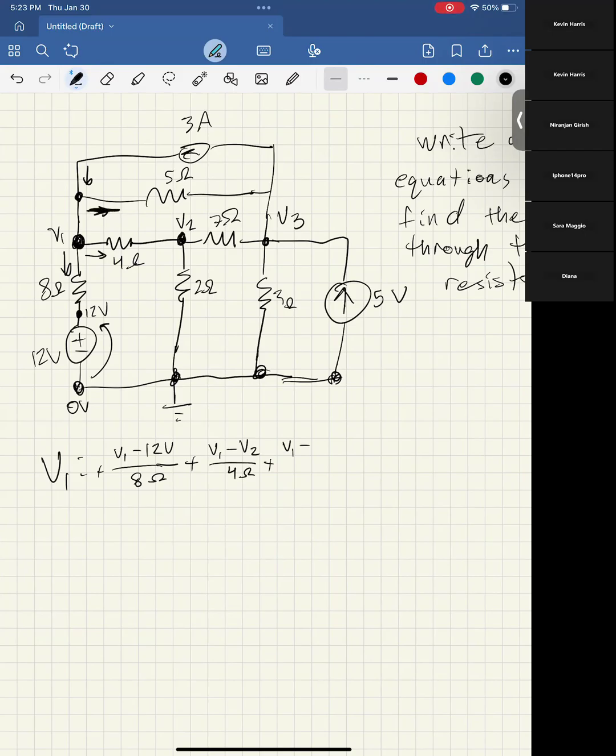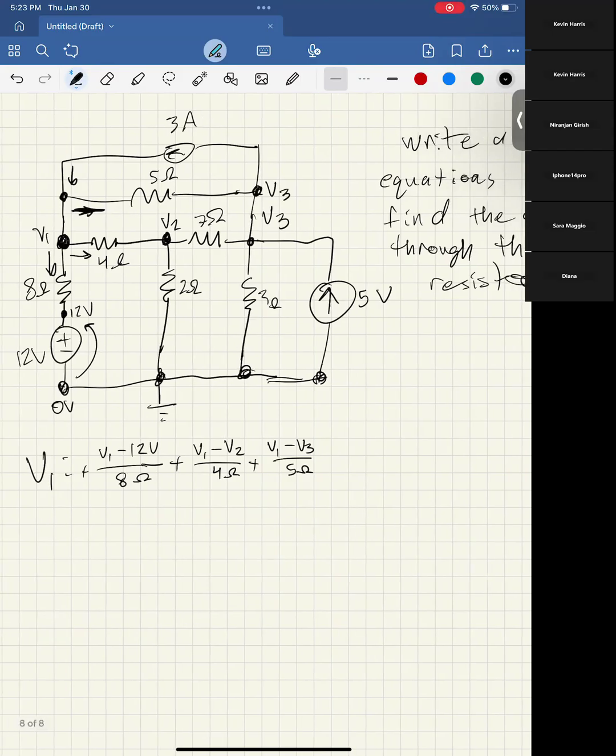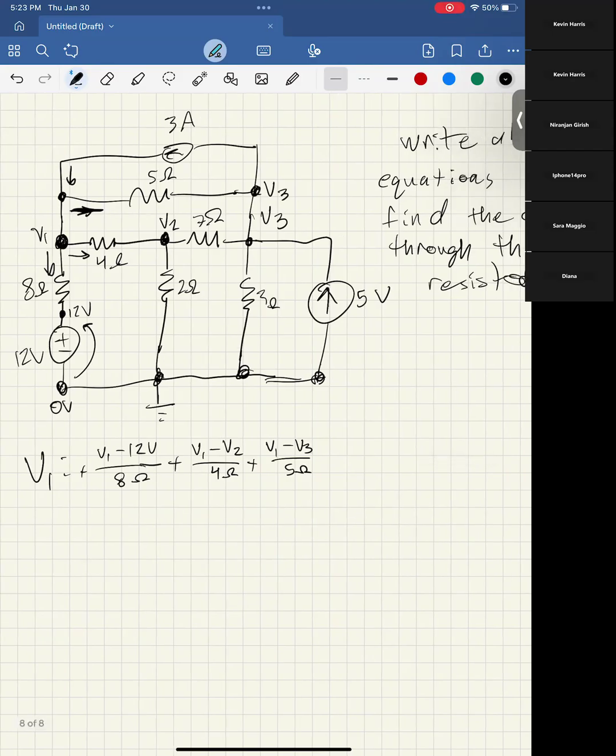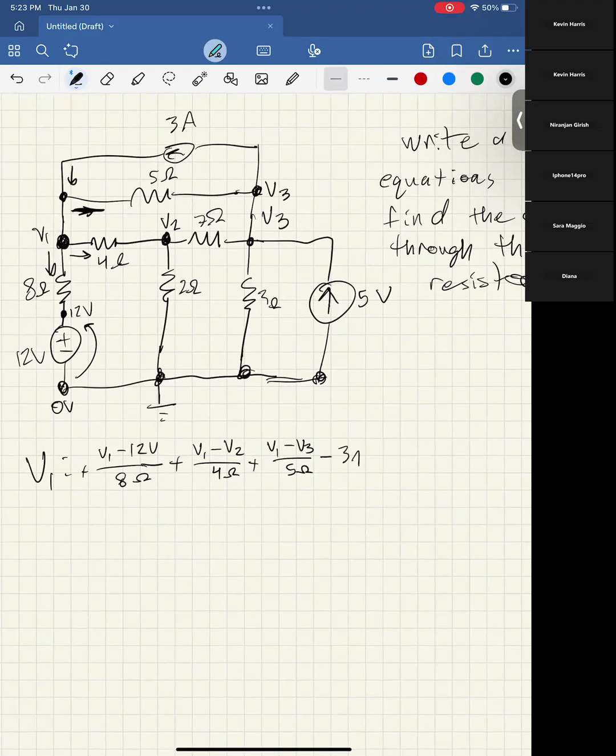This will be V1 minus V3 over 5, because this is also V3 for the same reason I just said for the ones above. And then for the 3 amp, since the 3 amp is defined as going into the node, we have to do minus 3 amps. And that all equals 0. Remember to write the equals 0, because otherwise it's not actually an equation.